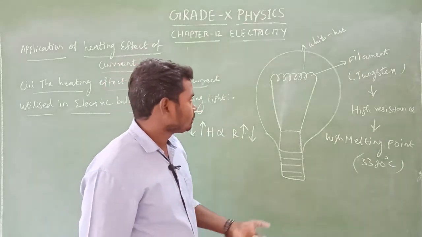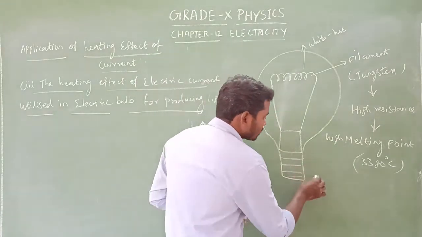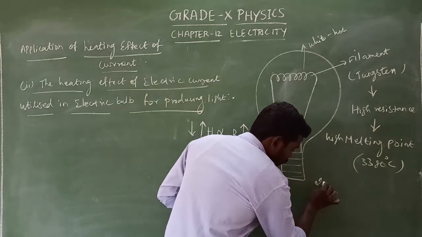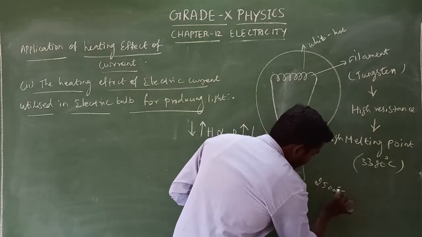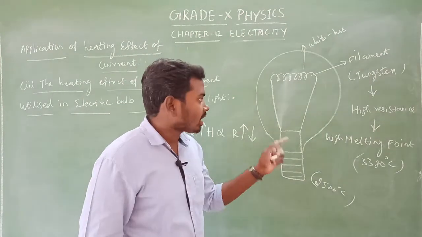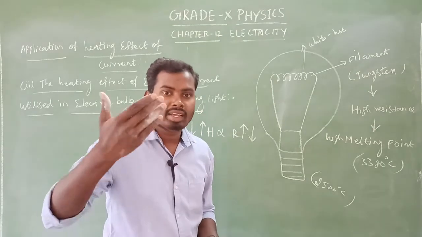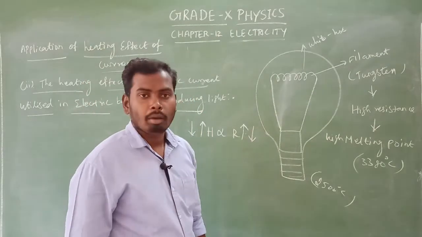Look here. At the temperature of 2500 degrees Celsius, the tungsten filament starts glowing, which means the tungsten filament emits light. So we can get the light energy from the electric bulb.